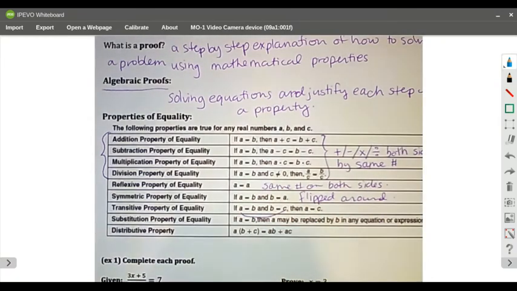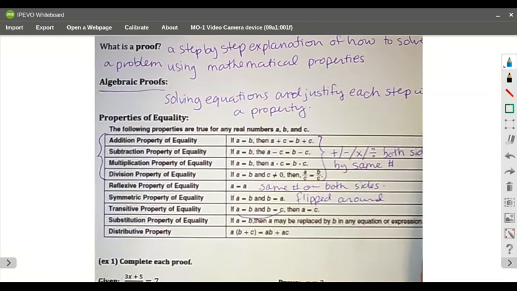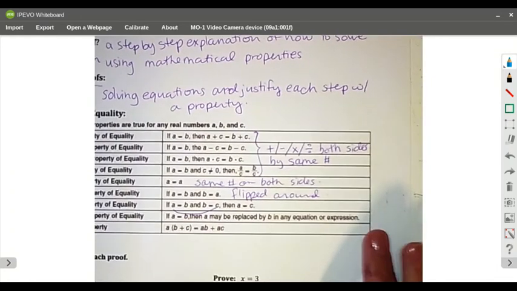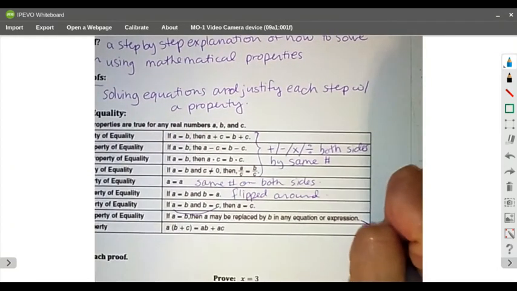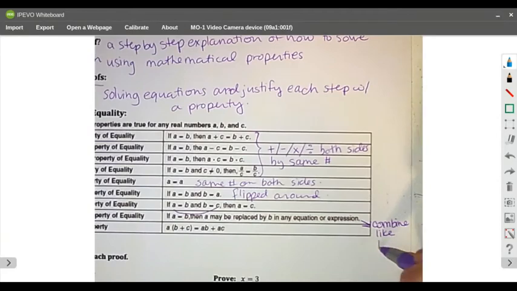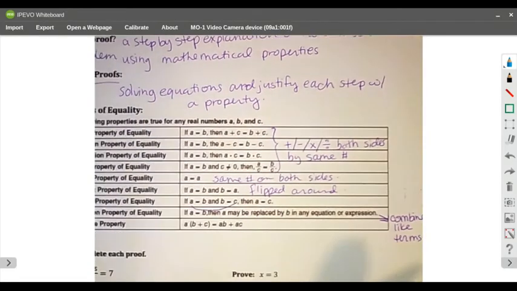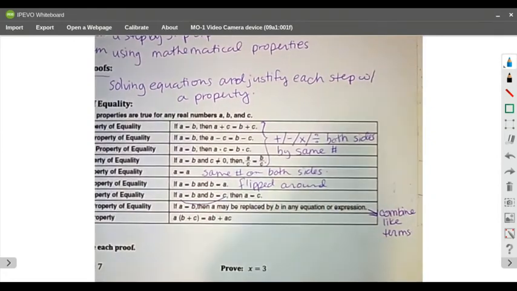Substitution is used in a ton of different ways in proofs, but more specifically in algebraic proofs, substitution is when you basically combine like terms. There's not really much room to write that over here, but we can just draw a little arrow. Anytime in an equation you are combining like terms, that's considered substitution, because substitution is when you replace an expression for something else that it's equal to.